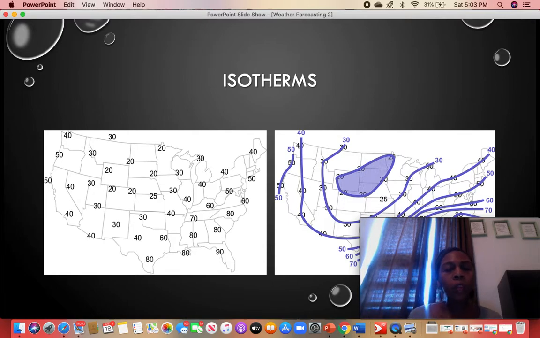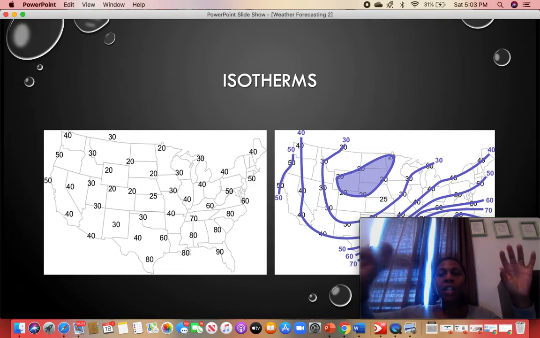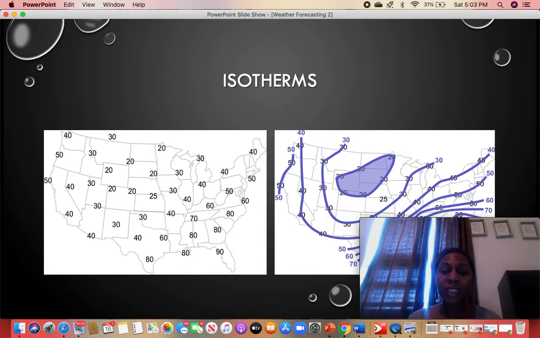And so what the meteorologists will do is they'll draw lines on the map connecting all the temperatures that are the same. It helps them better understand how weather is occurring across the landscape and how patterns are moving across the landscape. These lines are what we call isotherms.